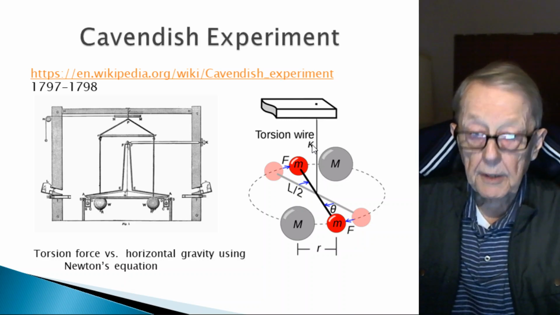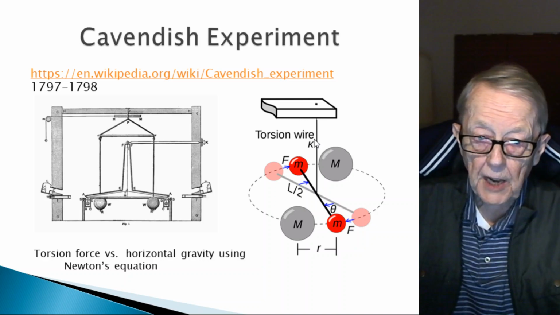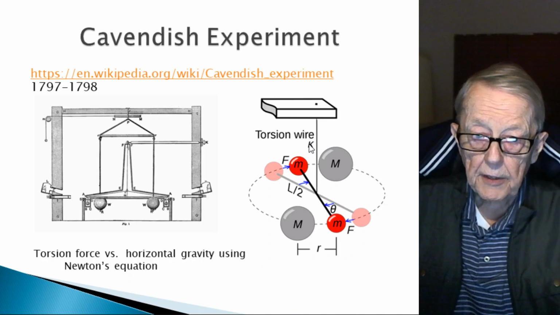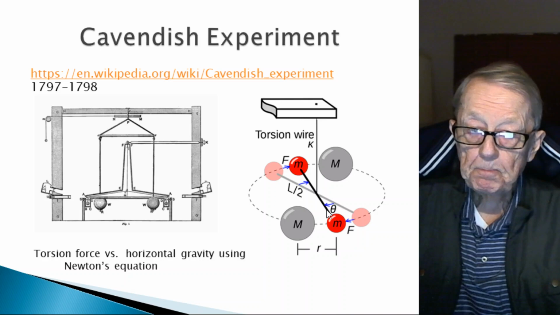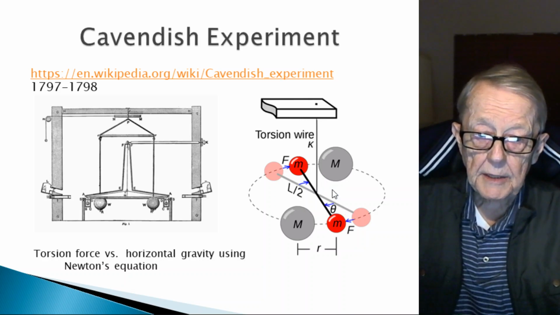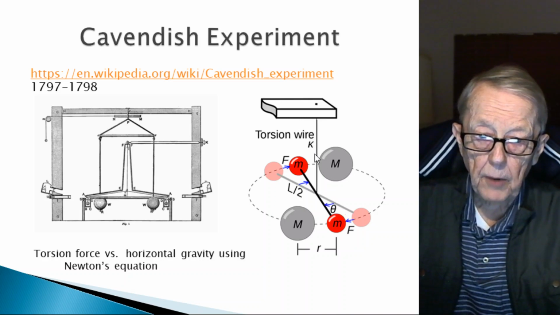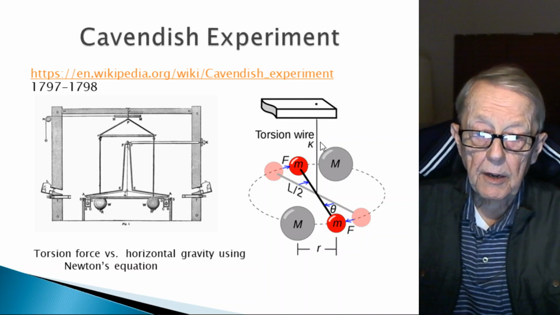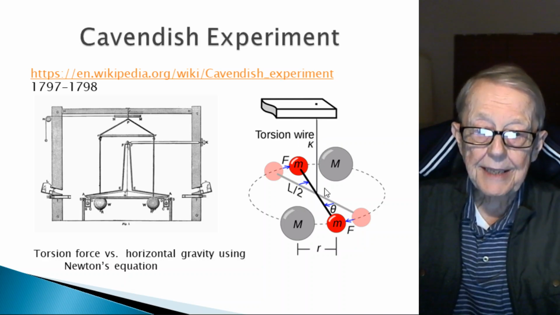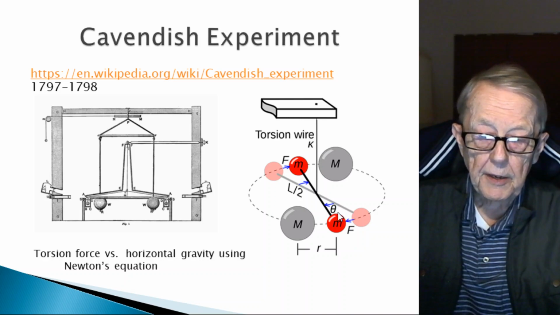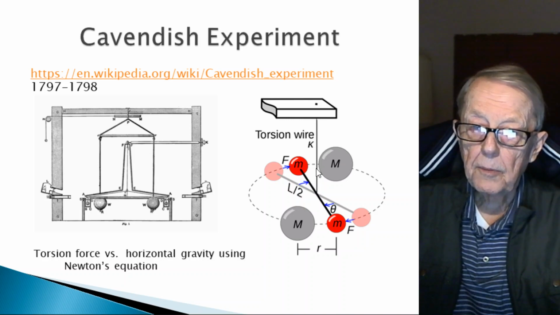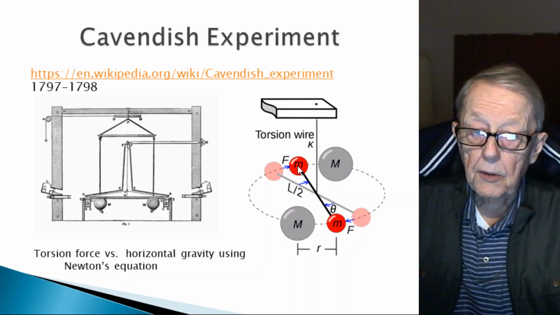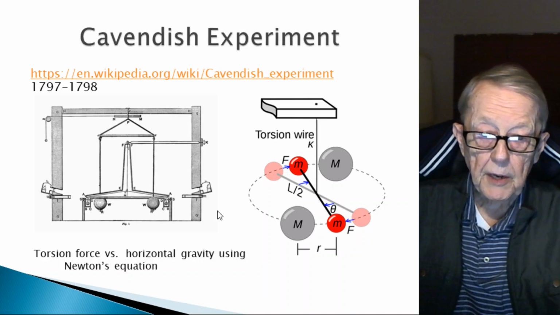And we know by other science that the torque force on this wire is the constant times the angle theta. That's how it's defined. So you know what that is. If you know the torsion constant for the wire you have, you take K theta and you make that equal to the force, and then you can do your calculation.